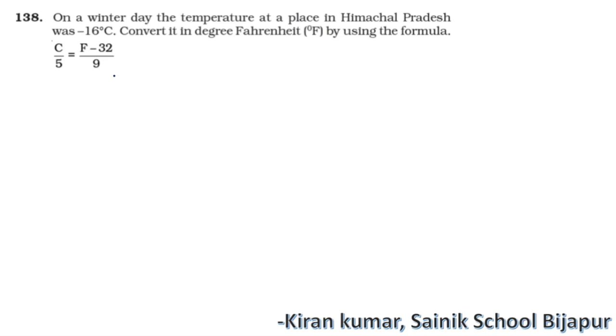Since they have given the temperature of Himachal Pradesh as negative 16 degrees Celsius, I need to replace C with negative 16 upon 5, which is equal to F minus 32 upon 9.